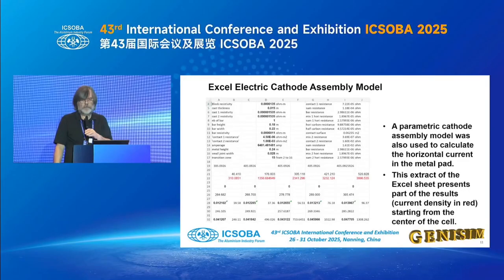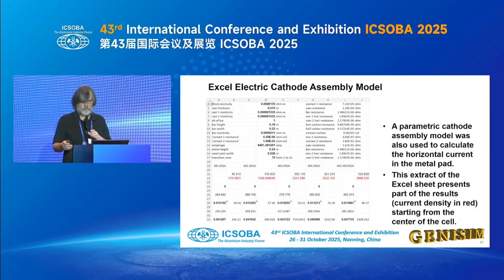Okay, the last model that I will compare with the result presented by Sami is a very simple Excel worksheet that I have developed for LChem China, because LChem China is using this kind of model to compute the horizontal current and the cathode voltage drop for their prototypes with super paste.